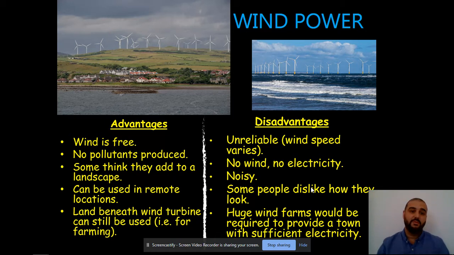However, as you can see, the first disadvantage is that it's unreliable in the sense that some days there is no wind at all, or the extent of the wind fluctuates, goes up and down, and so you can't really control how much electricity you're generating, simply because you can't predict with accuracy how much wind you're going to receive that day.